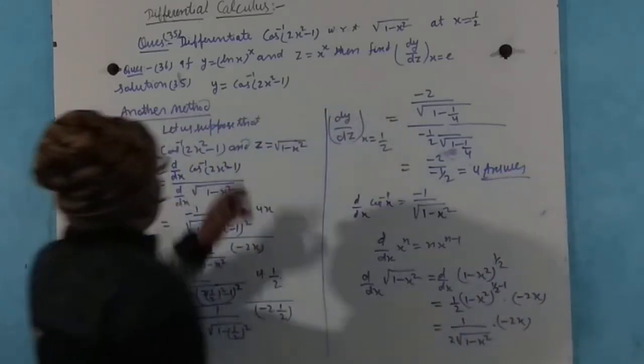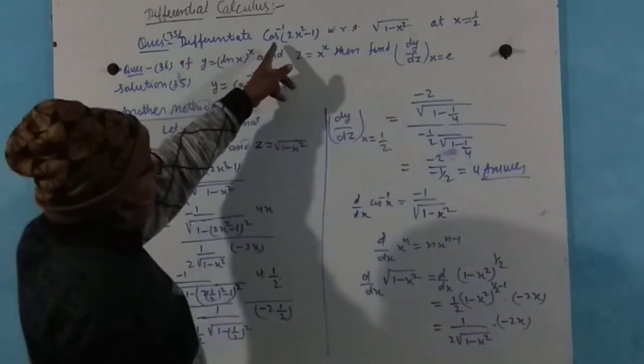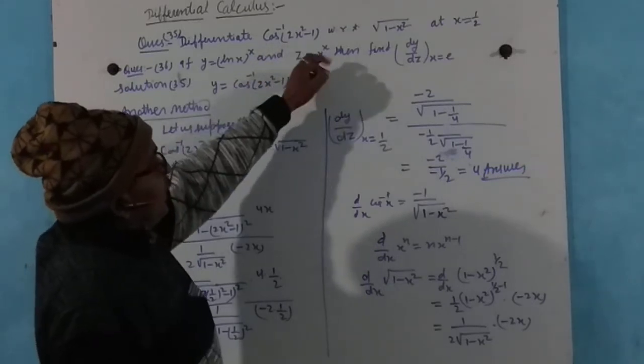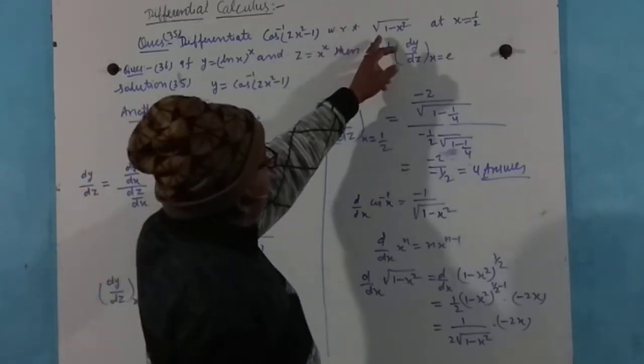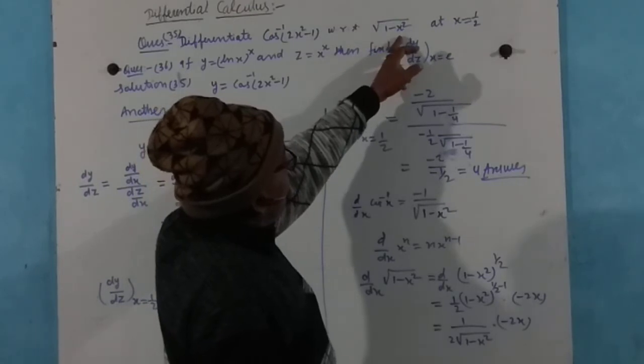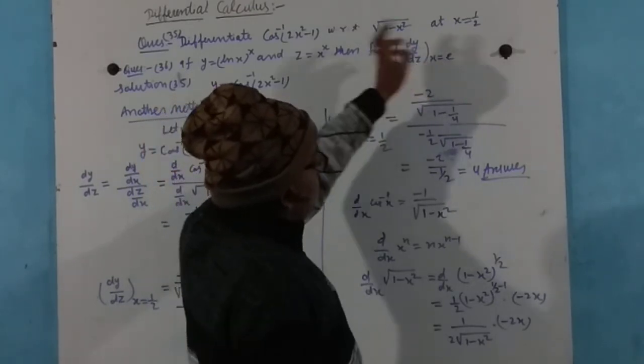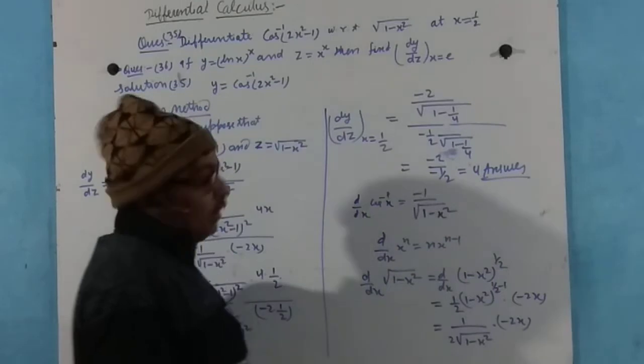Now here differentiate cos inverse (2x square minus 1) with respect to under root 1 minus x square, the value at this point is equal to 4 here.